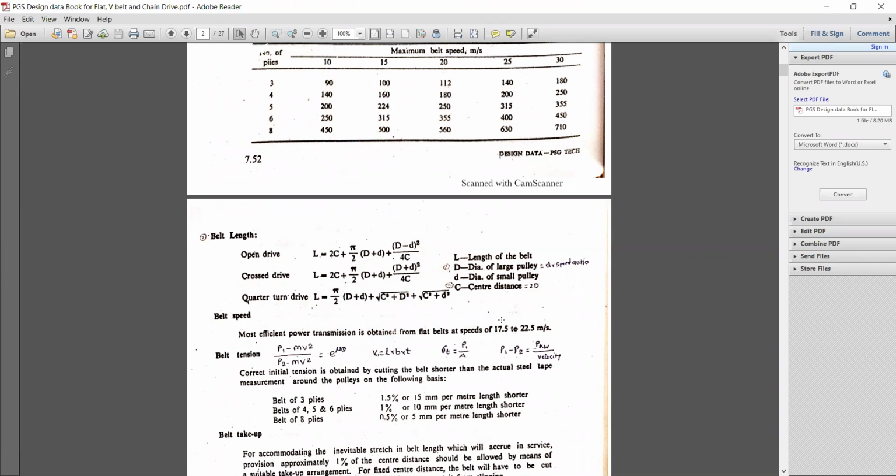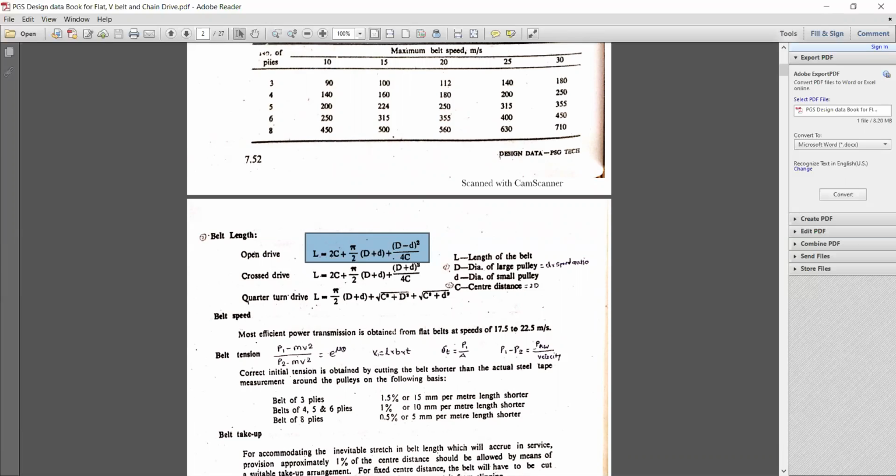In our case it is an open drive, that's why we are using this equation. L is equal to 2C plus pi by 2 times (D plus d) plus (D minus d) whole square divided by 4C. Here L is the length of belt, capital D is the diameter of larger pulley, small d is the diameter of smaller pulley, and C is the center distance.